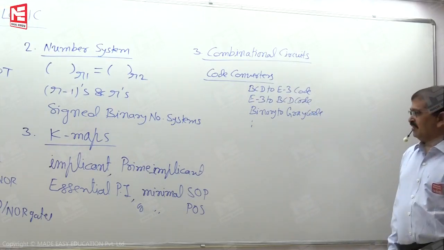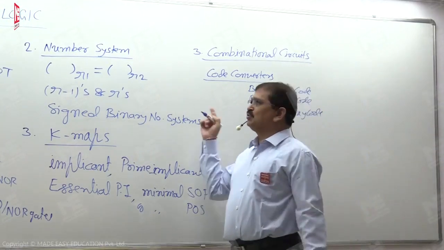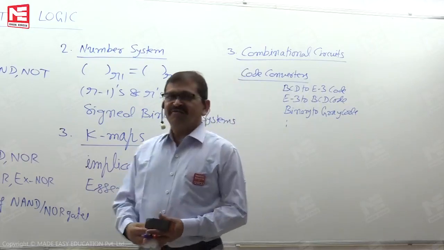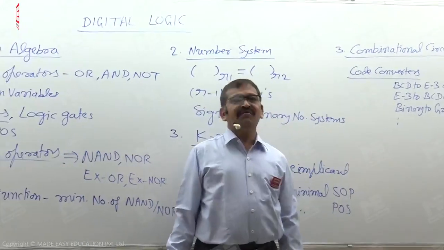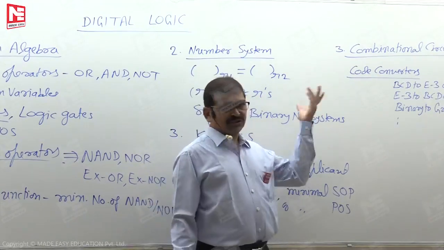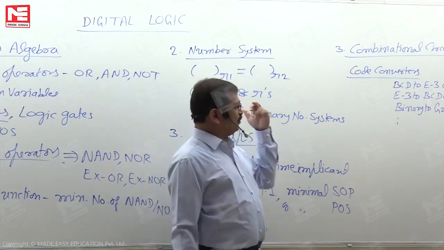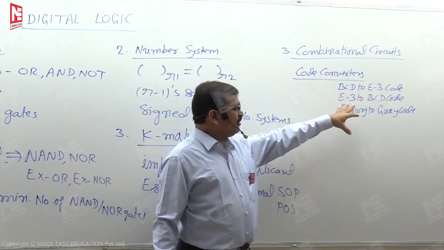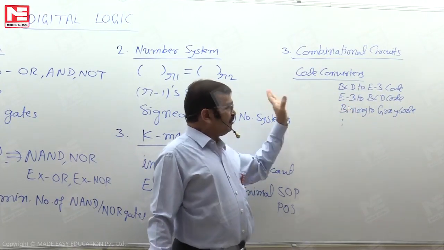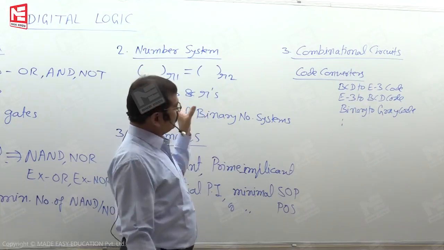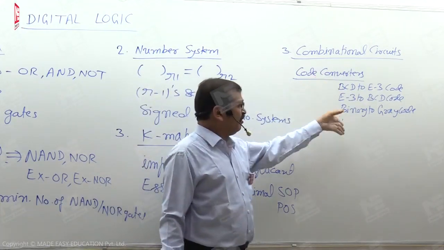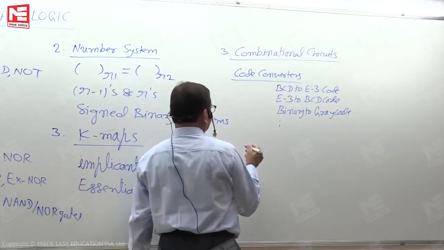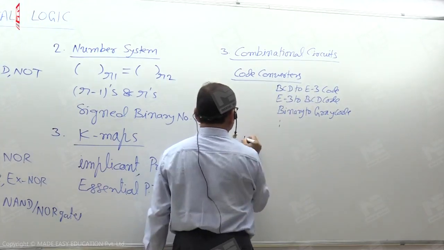We avoid discussing these codes under the number system because, while designing the hardware for these code converters, we would need to know the meaning of these codes again and would have to repeat it. To avoid the repetition, I am not discussing those codes at this part. I will discuss these codes under the heading of code converters. After this topic, we will look at arithmetic circuits.